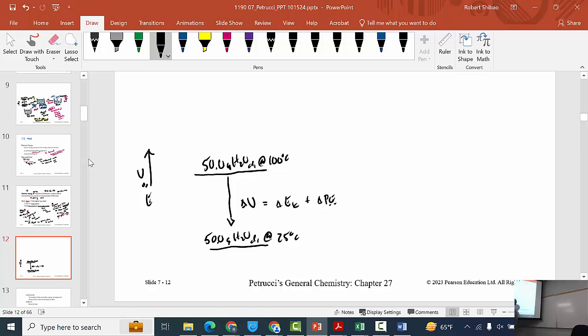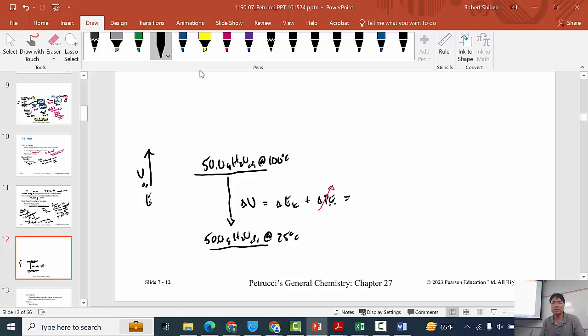Was there any change in chemical potential energy here? No, because it's just still water. And so water is just water. And so there's no change in chemical potential energy here. And so the change is strictly in kinetic energy here.